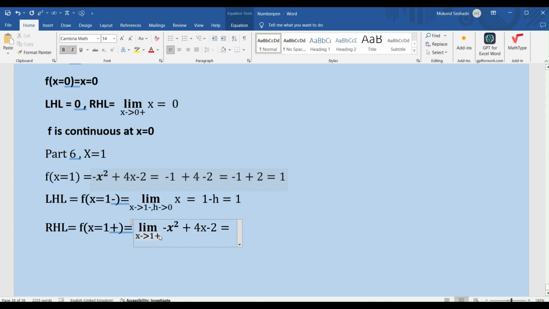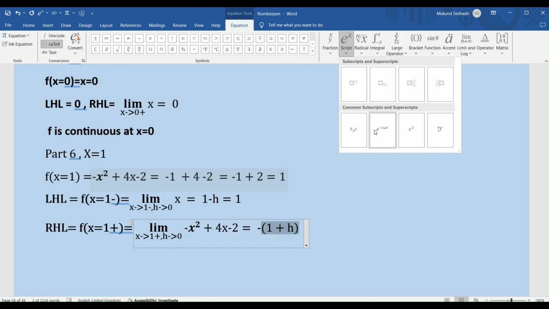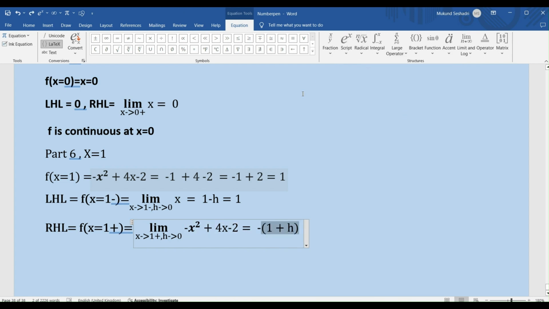Assume x equals 1 plus h. My h will be infinitesimal, and therefore I have minus (1 plus h) the whole squared plus 4 into (1 plus h) minus 2. And what is that?